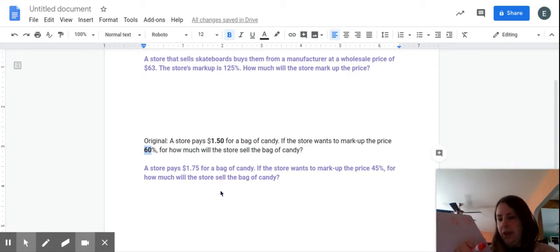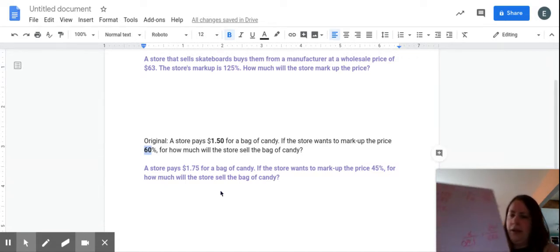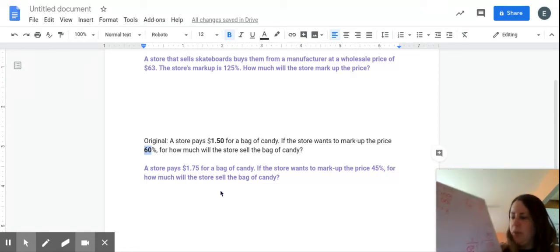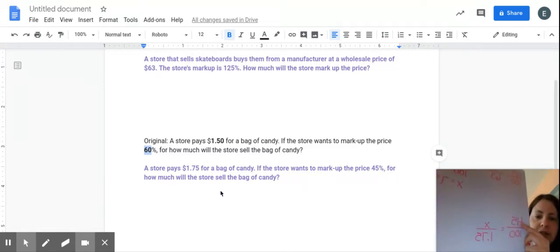So they pay $1.50. That's going to go on the bottom because I want to know what the total price of that bag of candy will be, how much the markup is. Okay, oops, and I need to change mine to 175. So you're going to put the 60% there. You are going to put the $1.50 in your question right there.